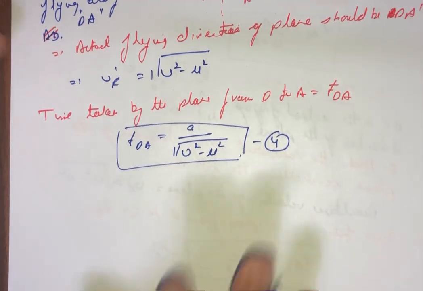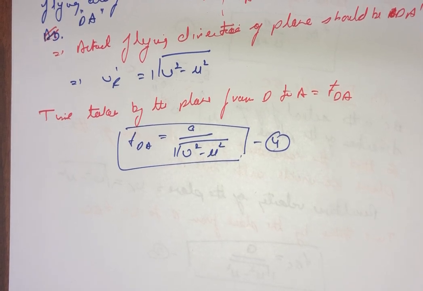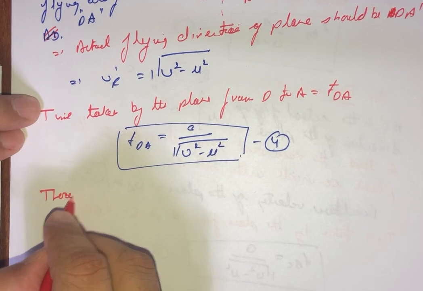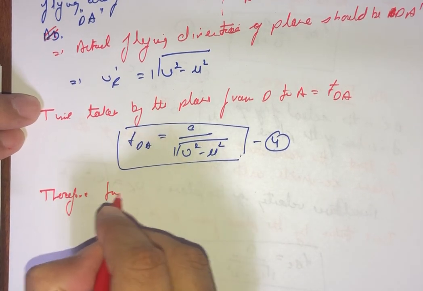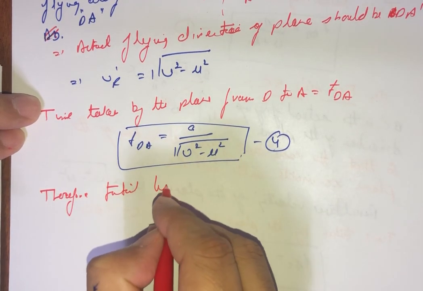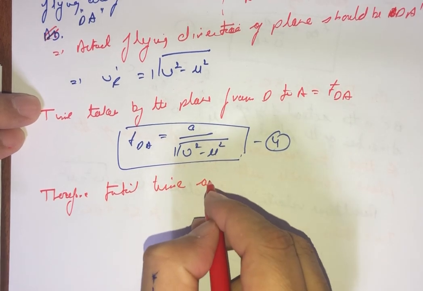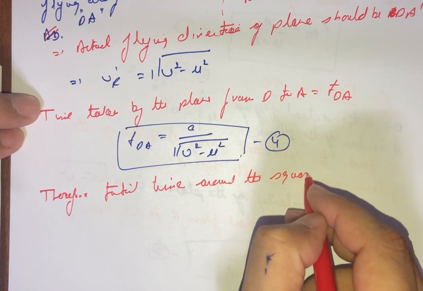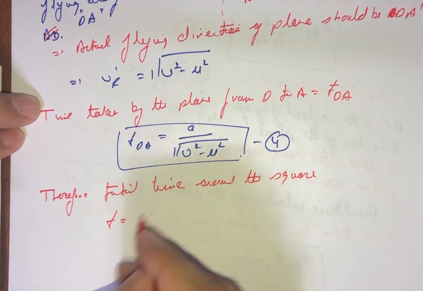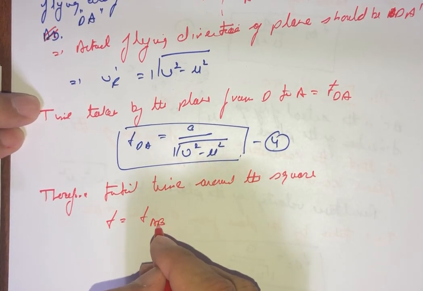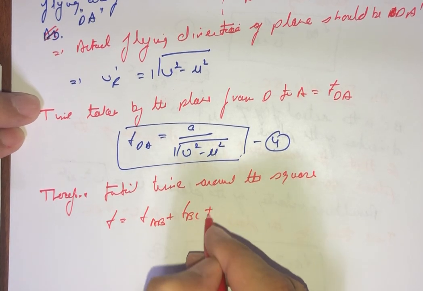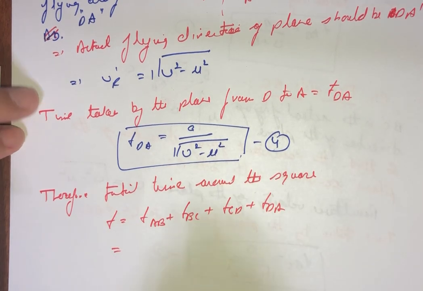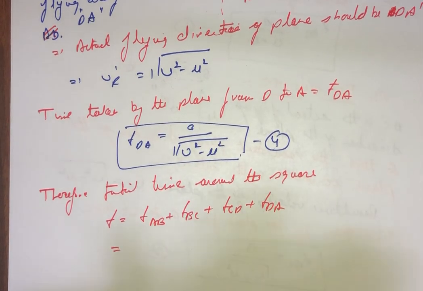So total time will be nothing but summation of individual all the times. Okay, therefore total time around the square is T, this will be equal to TAB plus TBC plus TCD plus TDA, and we put the values.